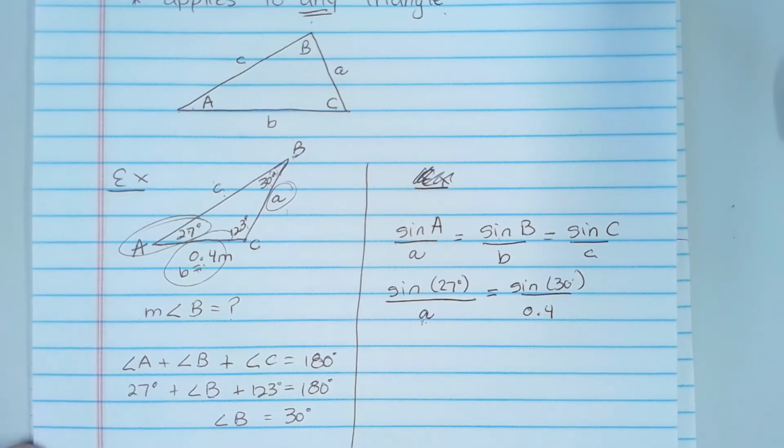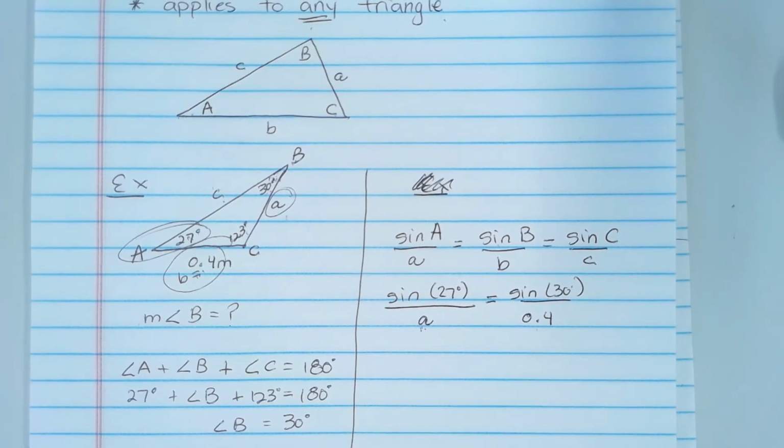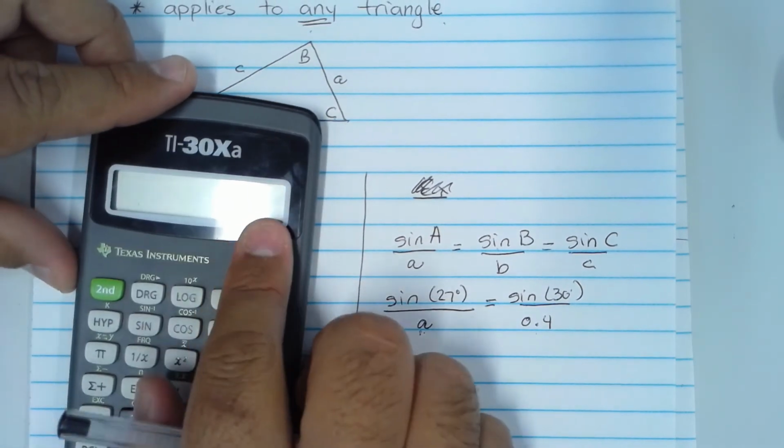You can use the calculator and multiply 27 sine times 0.4 divided by 30 sine and equals. I'll do it again. Ready? Let's take the calculator.